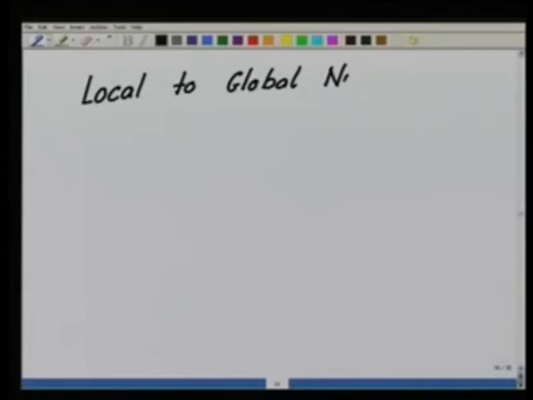So what had we done earlier as far as this information is concerned? We had created a local to global numbering, or many times it is called the connectivity information.